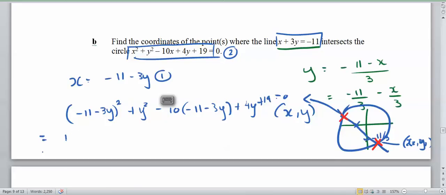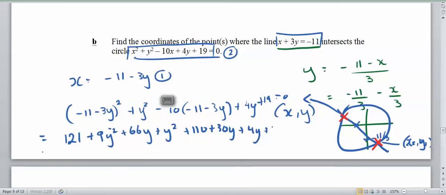We've got 121, minus 11 times minus 11. Then minus 3y times minus 3y is 9y squared. Minus 3y times minus 11 is 33y, and there's going to be 2 of those, so it's going to be plus 66y, plus y squared, plus 110, plus 30y, plus 4y, plus 19 equals 0.